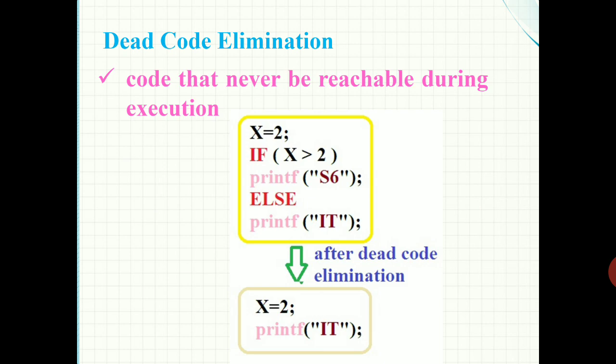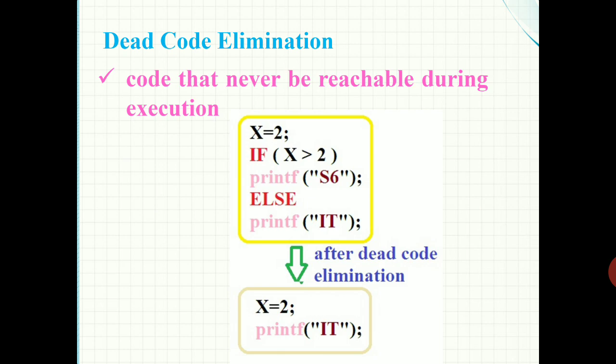Then come to one example, that is x = 2. The next statement is a conditional jump statement, that is if x = 2, then we will print s6, else we will print it. That means if the condition is satisfied, then we will print only one statement, s6. If that condition is not satisfied, then we will print it.